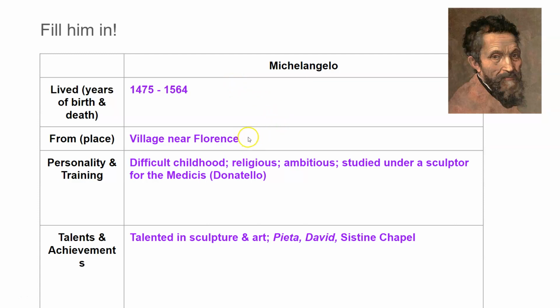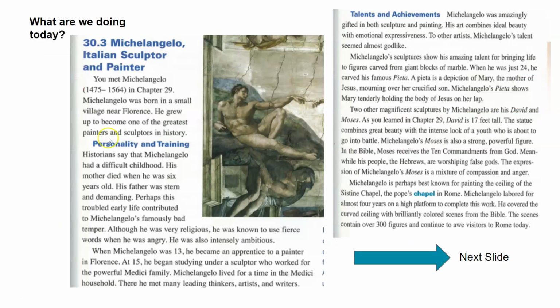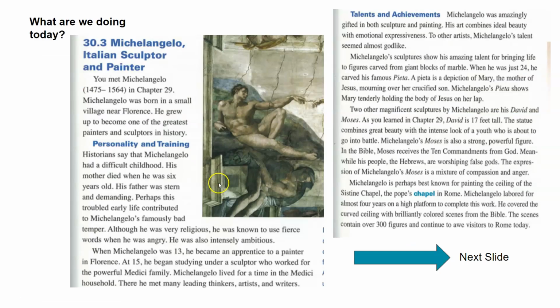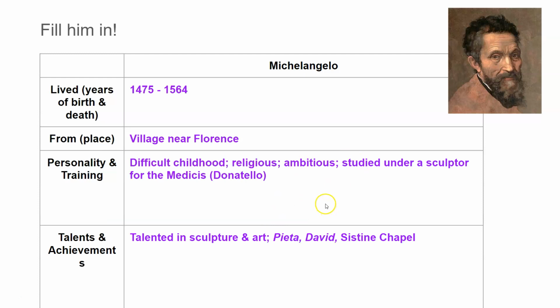He's from a village near Florence. For personality and training, I did not write all of this, but it does say he had a difficult childhood. So I wrote he had a difficult childhood. It did say that he was religious and it said he was ambitious. So I put those things as well.